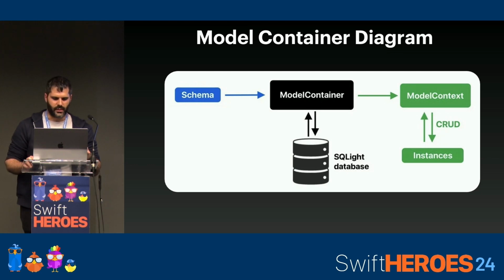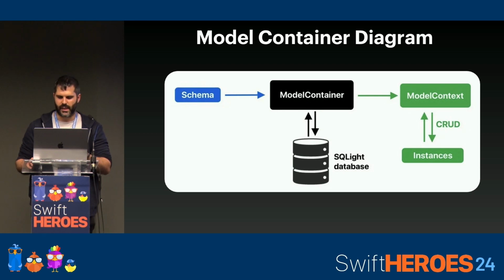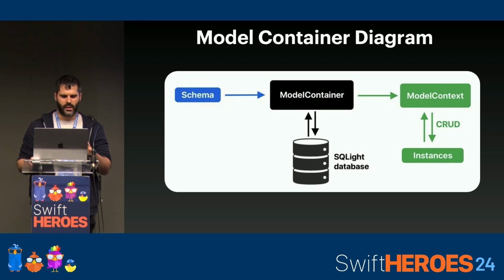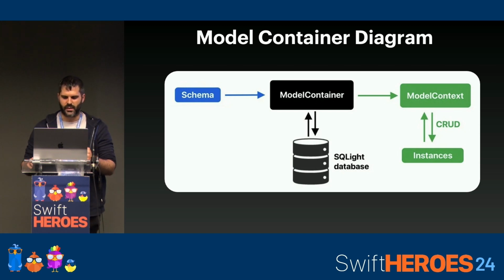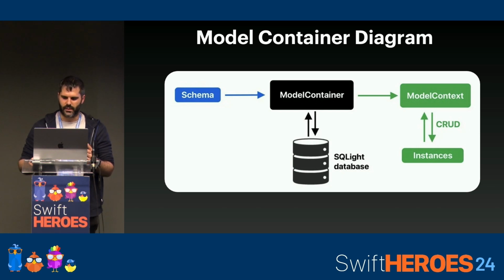This is the broker between the model context and the persistent store. So it creates a database from a given schema. It manages the reading and writing of data to and from disk, and it can also handle iCloud sync. The last one is our model context, that we use to fetch, create, or delete objects on our database.